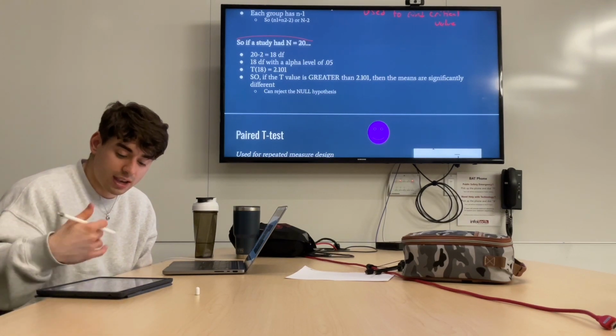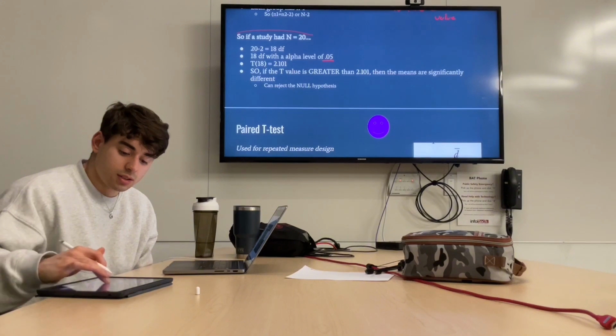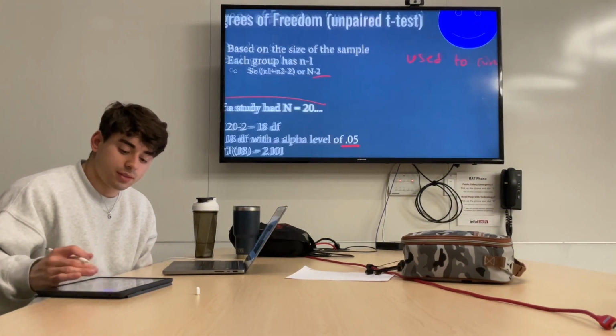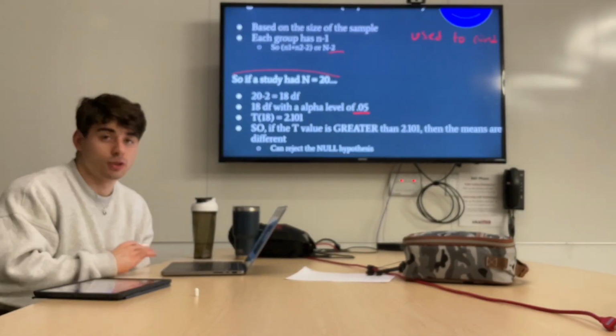Subtract 2, you get 18. It's because there's 2 groups. You're not gonna have to do math.